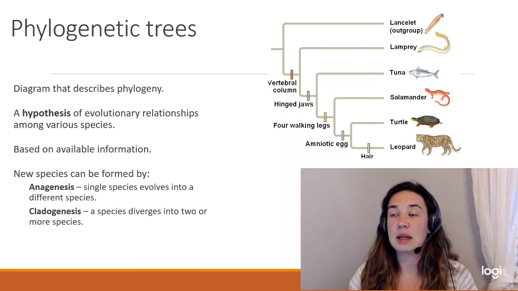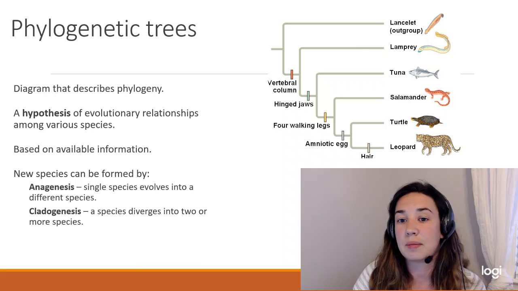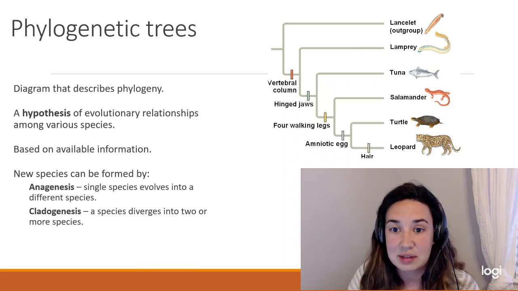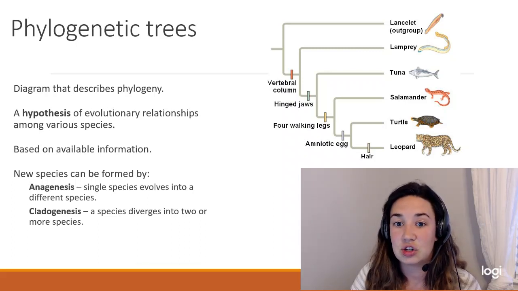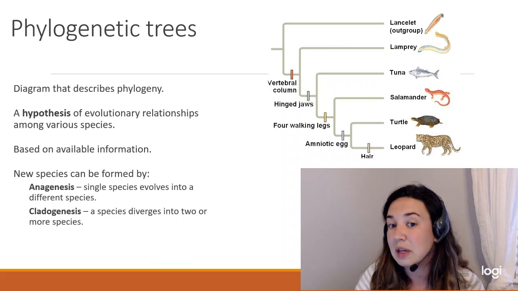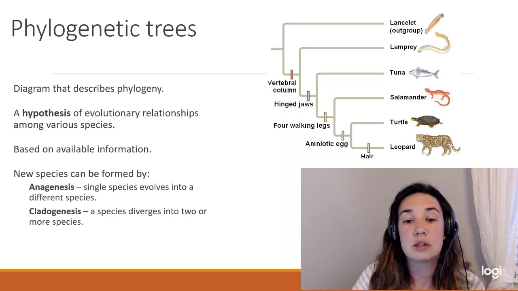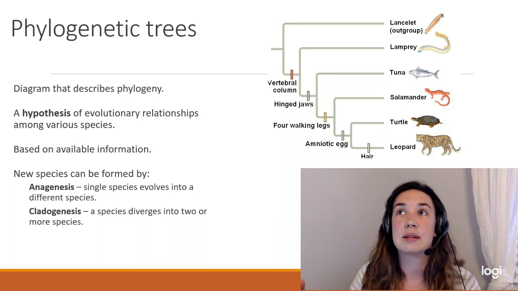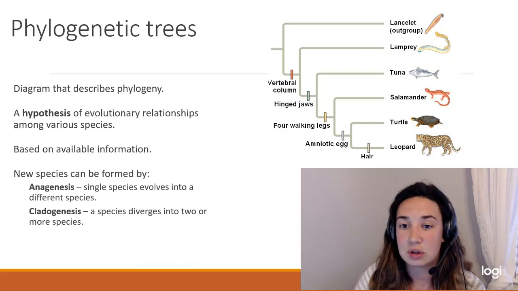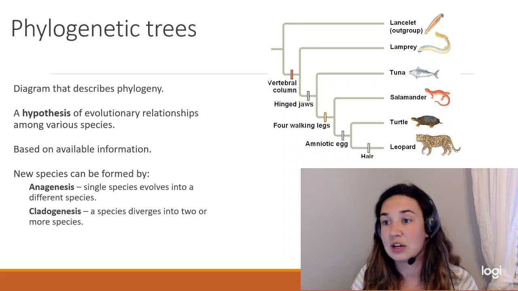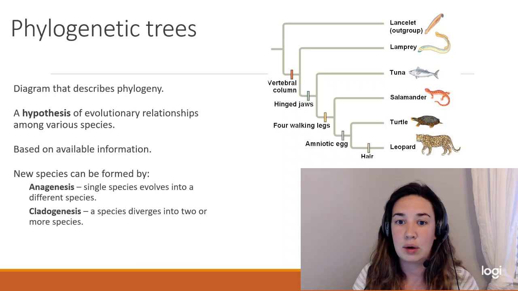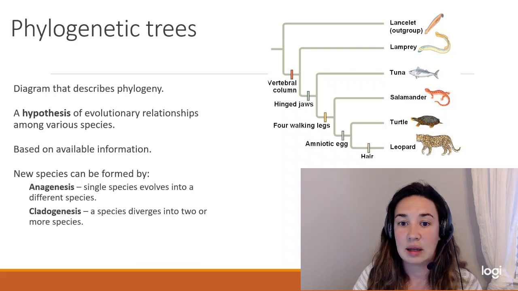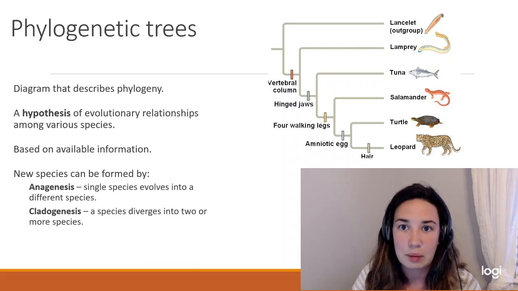Phylogeny is a hypothesis of evolutionary relationships among various species. We don't know everything for sure, but it's based on the available information that we do have.